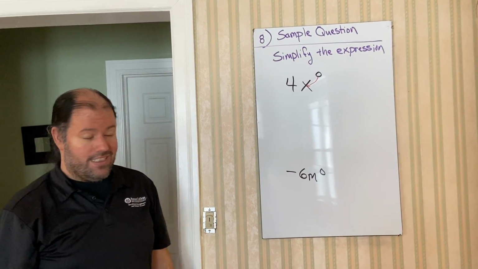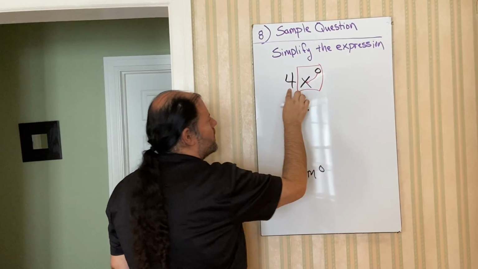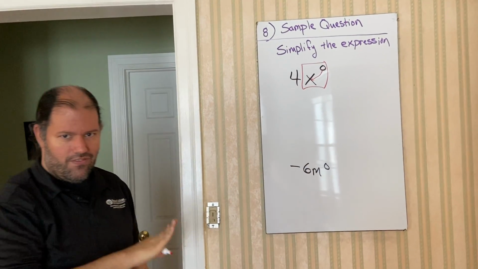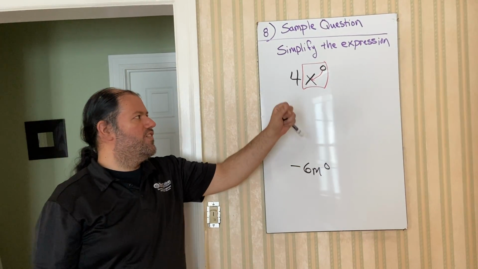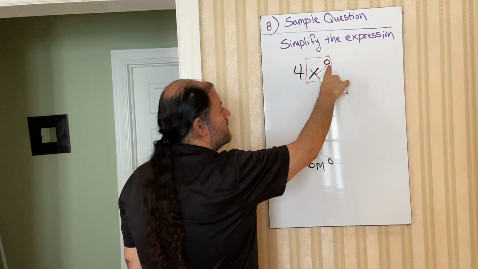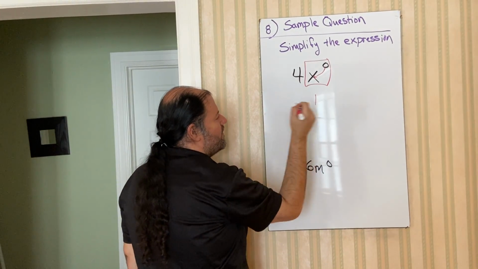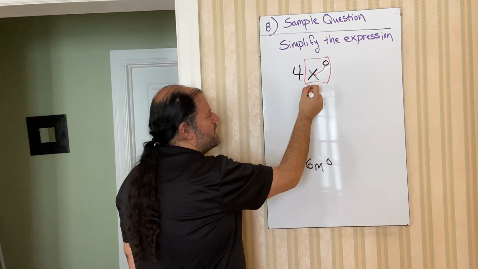Notice it touches the x. The 0 can only apply to that one item. Remember, coefficients are different from variables. They gotta be separate. So this 0 can only apply to the x, not to the 4. Anything raised to the 0 power becomes 1, but anything that doesn't affect it is still there.